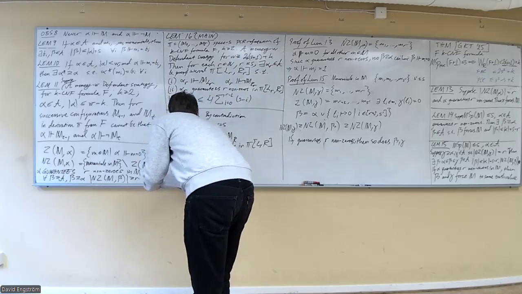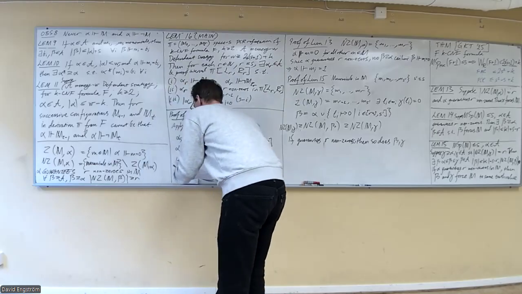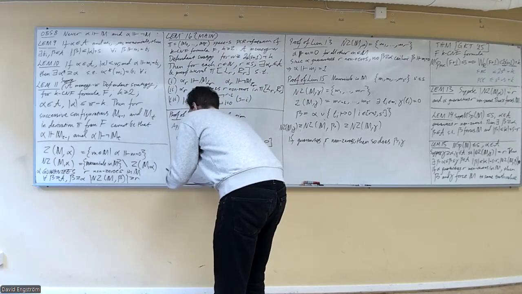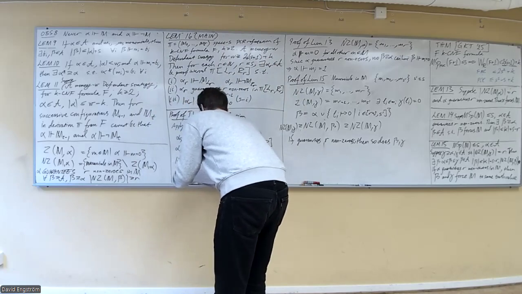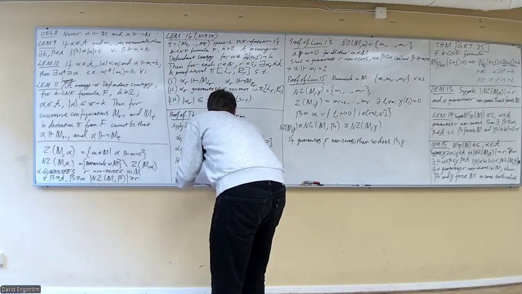Well, at most, this large. So 4 times the sum for i from 0 to s minus 1 of s minus i, and this will just be 4 times s plus 1 over 2.